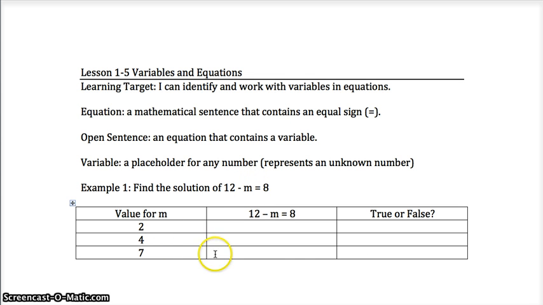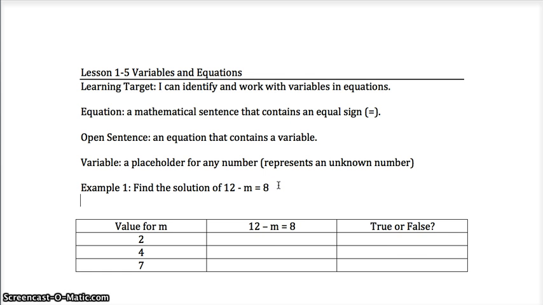But we have this chart down here that we're going to use to try to determine what m is. So on this column right here, it says value for m. All that means is we're going to take the values that they have given us and try to plug them in for m to see if this makes the equation true. For example, if this right here is a 1, we would take the 1 and plug it in for m up here, and it would look like this.